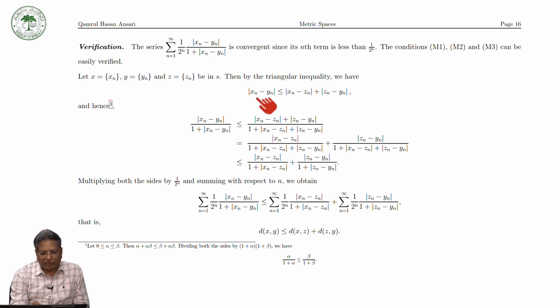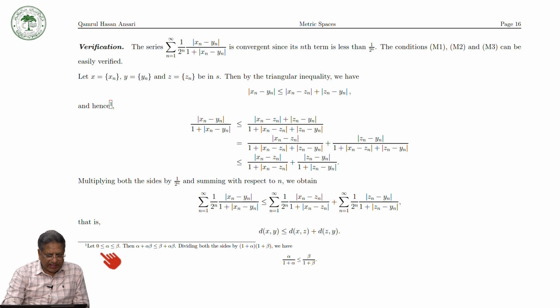Then by the triangular inequality, we have this one, xn minus yn is less than or equal to xn minus zn plus zn minus yn. Now keep in mind, we will use this one.